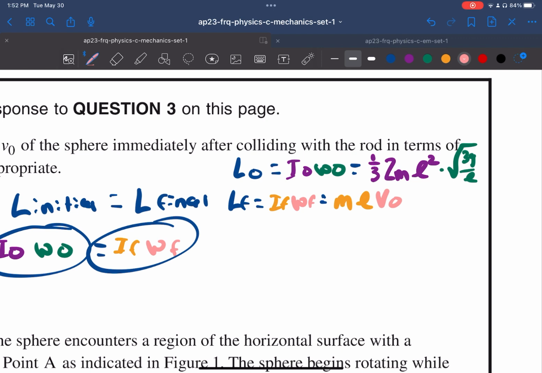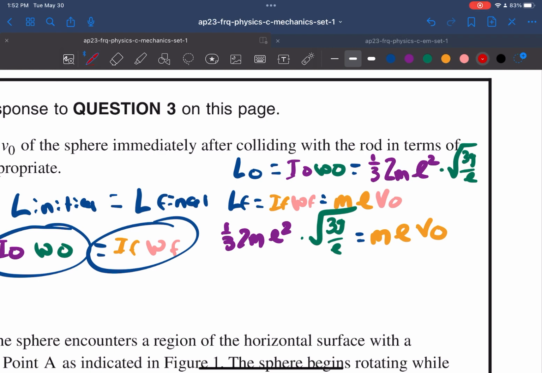So now we can set these equations equal to each other and cancel. If we were to do that, that would be 1/3 times 2m L squared times the square root of 3g over L is equal to m L v naught.